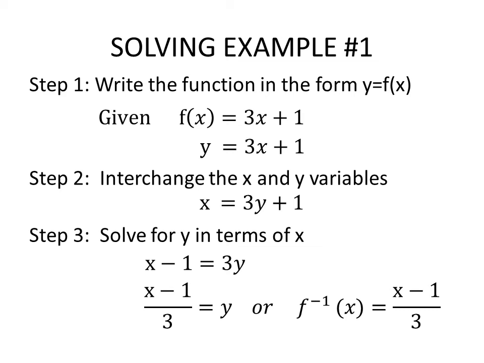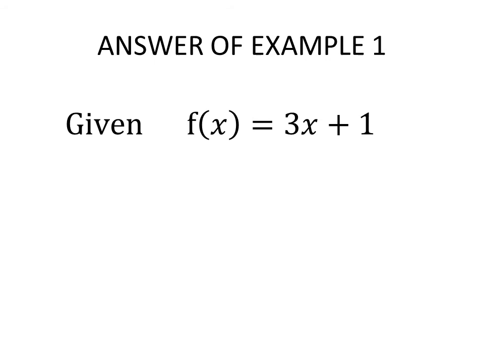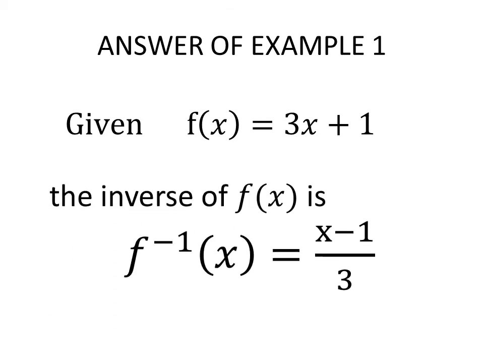So therefore, by dividing each side by 3, you will have x minus 1 over 3 is equal to y, or the inverse function of x is actually equal to x minus 1 over 3. Answer for example number 1, with a given function of x equal to 3x plus 1, the inverse function of x is equal to x minus 1 over 3.